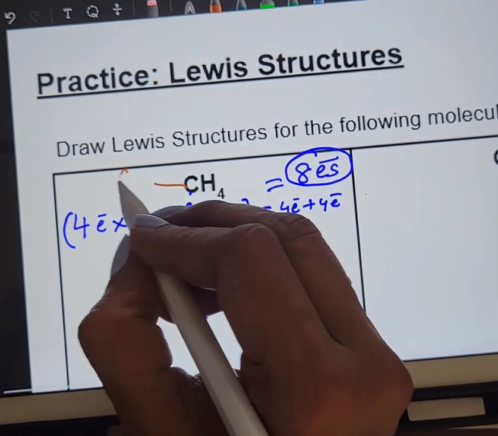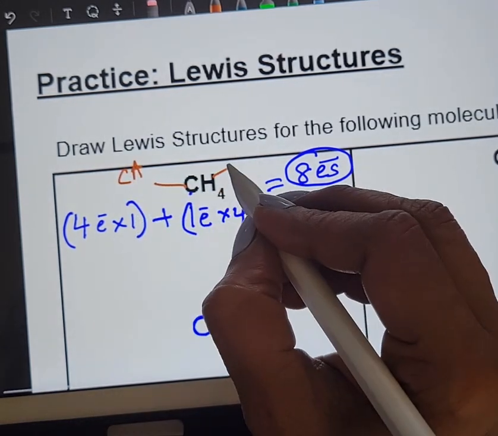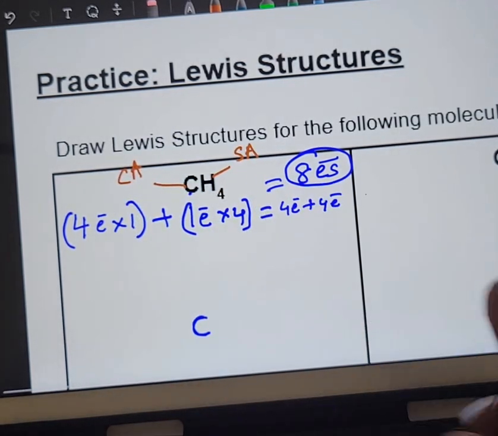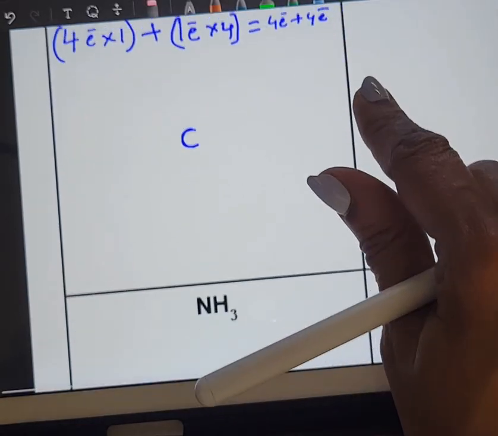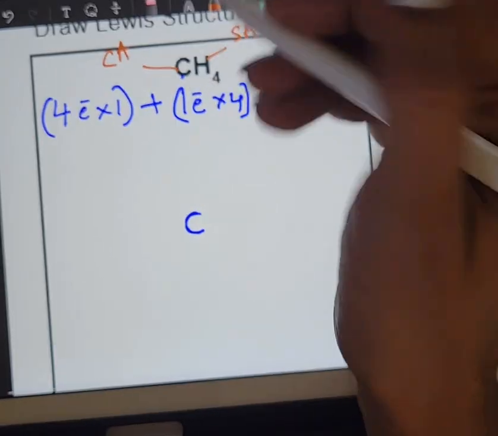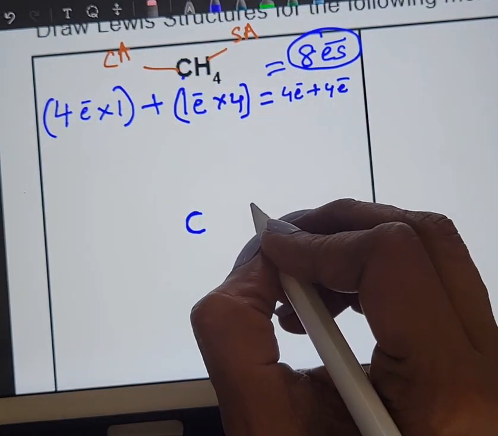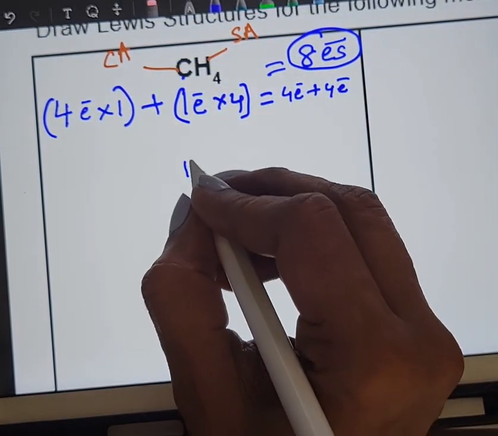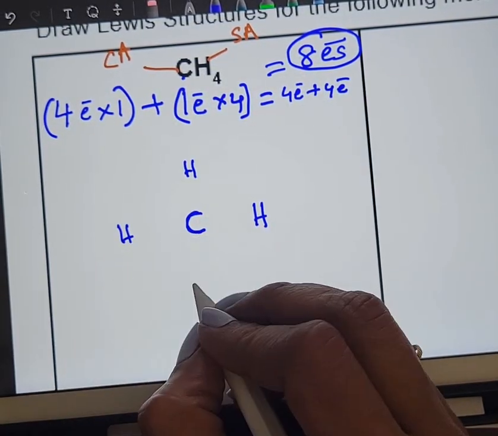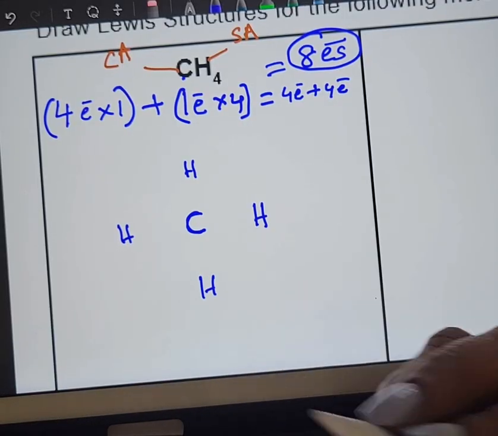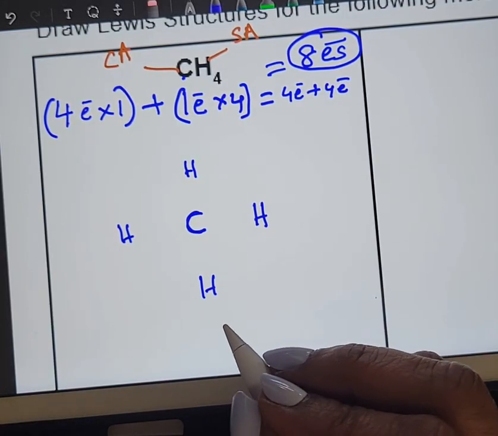This is the surrounding atom. So first write the central atom, then write the surrounding atoms anywhere. Okay, I would do it like a 90 degree right now. Then we will learn how to put that in the correct shape.